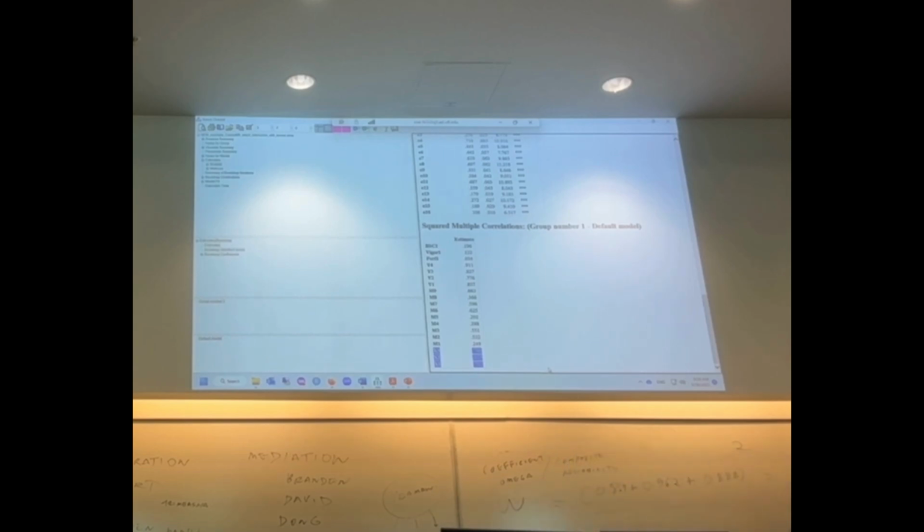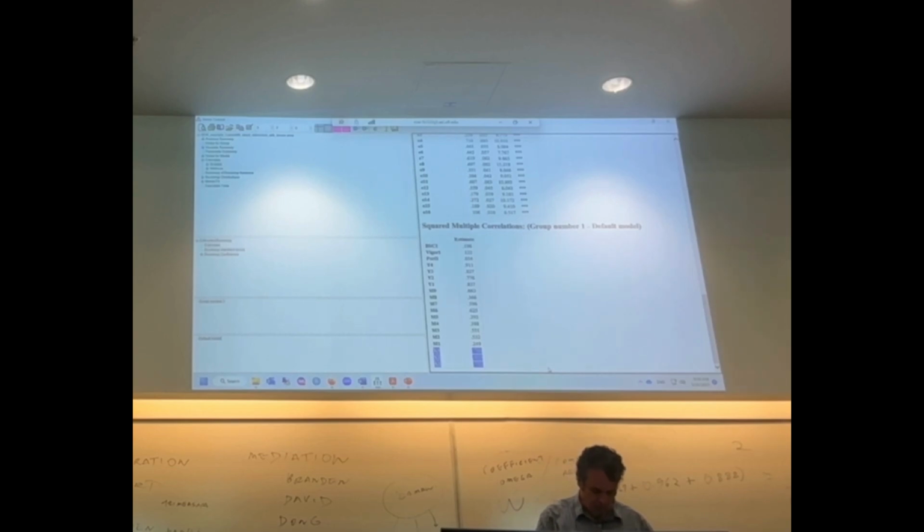So 0.248 plus, okay, 1 minus 0.925, 0.7 plus, and the last one is the R squared is 0.788, so 1 minus 0.788.